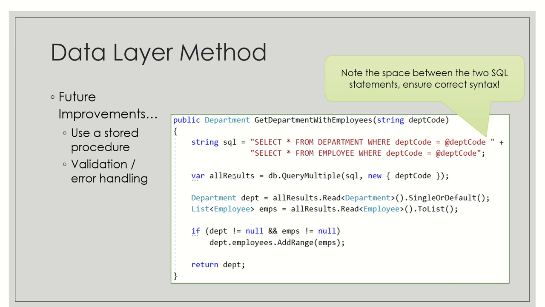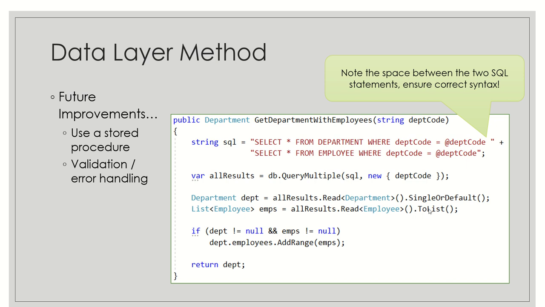We're storing it in this variable. I've named it all results. It is a grid reader, but I've used the more general just var to store that rather than creating a new using statement and importing a whole new library file. I'm just simplifying that by using var. These two lines are used to read. First, we're reading one single result that comes from the first SQL statement, and we store that as a department.